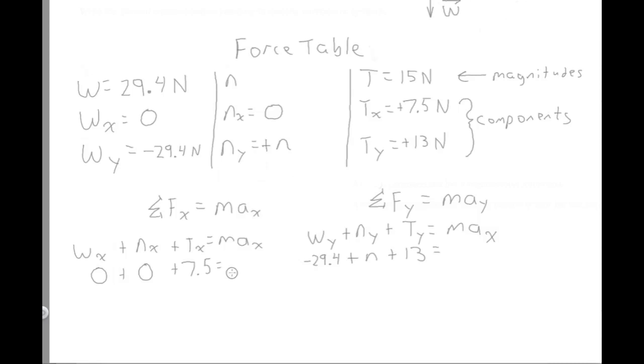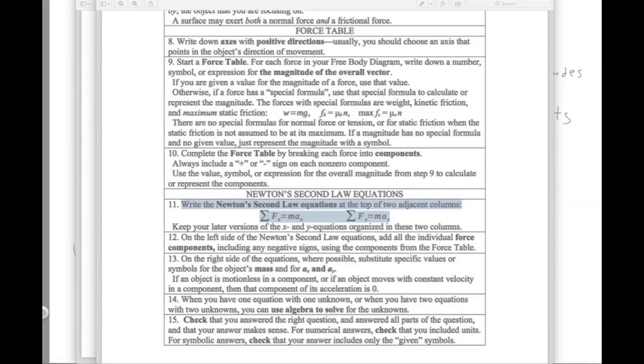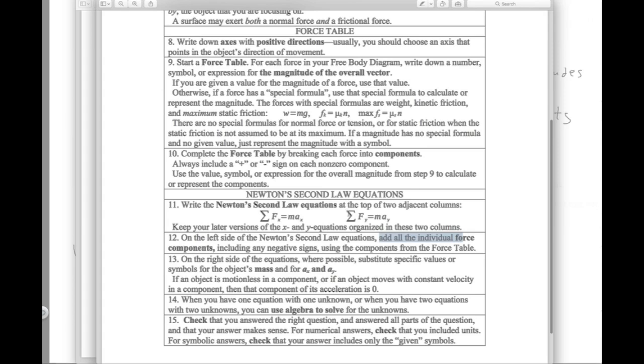I'll just point out that we've now completed this step, and we've completed this step. On the left side of our Newton's second law equations, we added all the individual force components. Notice that sigma means add.